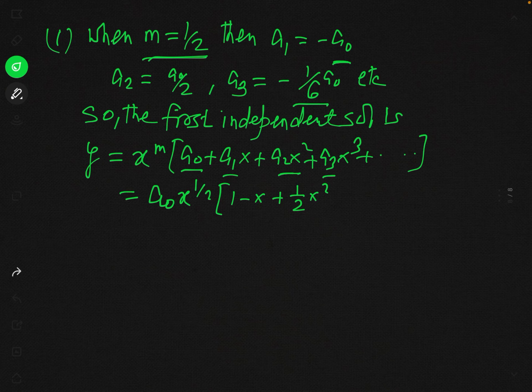And a3 is minus 1 by 6 a naught, a naught is common, so minus 1 by 6 will remain here, and so this is minus 1 by 6 x cube.